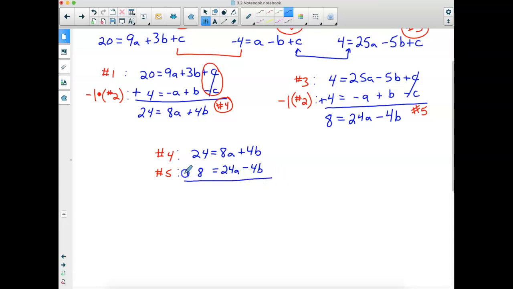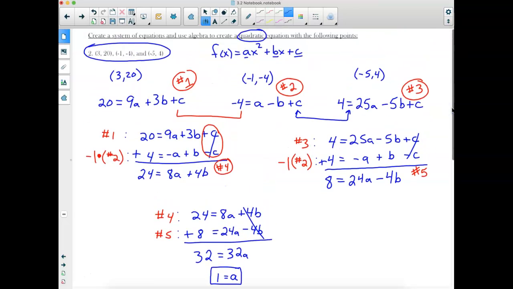When I add these two together, I have now eliminated my B term. What comes out is 24 plus 8, that would be 32 equals 32A. And when I divide it out, I have just found A equals 1. So I know back here, this guy is going to be the number 1.